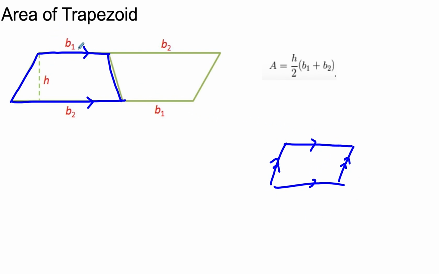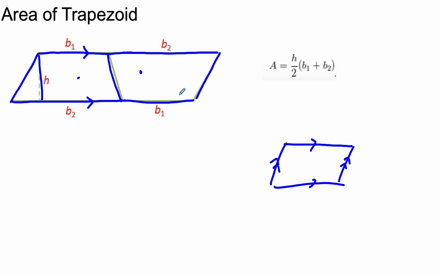Okay, in a trapezoid, we know that these two are parallel, B1 and B2, but different length. But if you are drawing exactly the same thing upside down, because these two are parallel, you can have the same length here, and I'm going to have exactly parallel to that one. Then I can make two trapezoids combining into one parallelogram with a height of h. Okay, think about the area of a parallelogram.